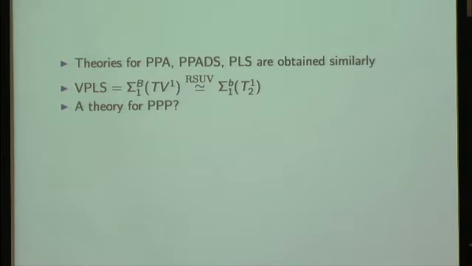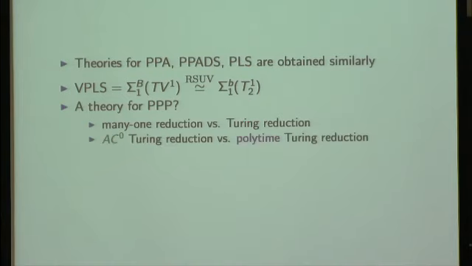The theory for PPP seems to be more complicated, and the reason is that for this pigeon problem, we don't know whether many-one reduction and Turing reduction are the same. Moreover, that also means that we don't know whether AC0 Turing reduction is the same as polytime Turing reduction.